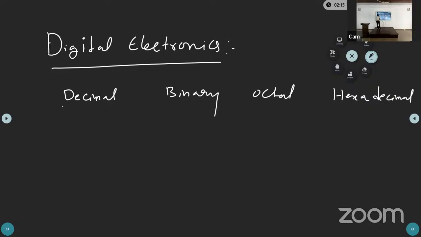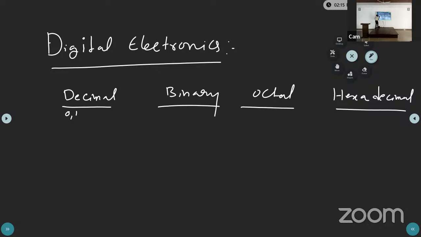These are the number systems we are studying. Other than these four number systems, we can also design our own number system. There is no issue. After this, you can design your own number system.